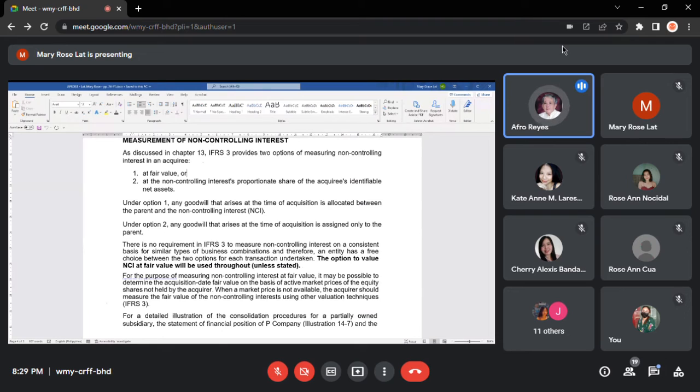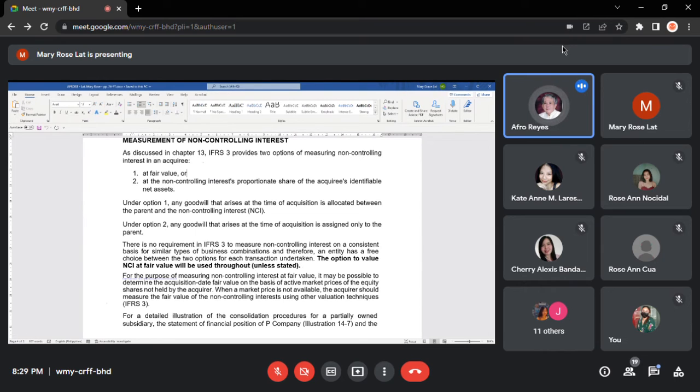Okay. Paano yung statement of comprehensive income? Pinorward na yun sa retained earnings. Yung dalawang statement of financial position. So, consolidation of statement of financial position. Dapat maging malinaw tayo at this point, no?